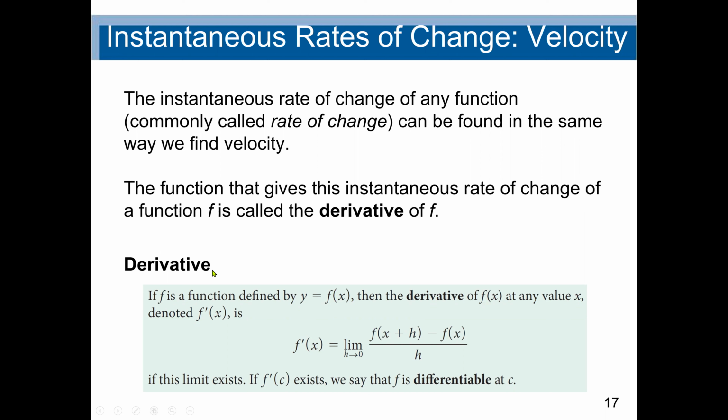Here now we start our derivative. So a derivative: if f is a function defined by y equal to f at s, then the derivative of the function will be f prime. This symbol means the derivative of the function, and it will be the limit as h approaches 0 of f at s plus h minus f at s over h.